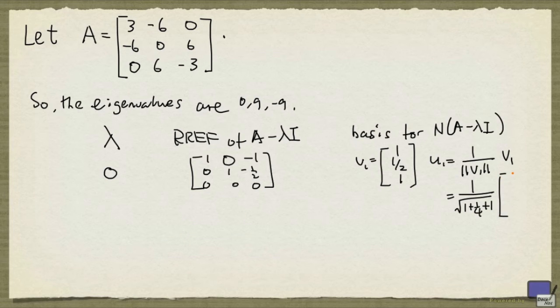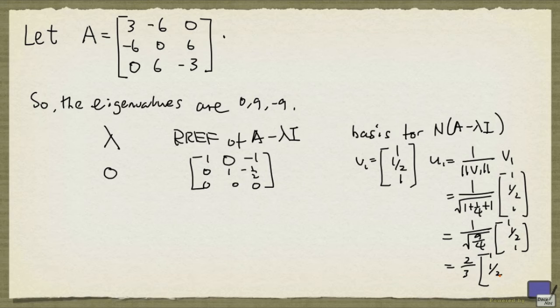And V1 is 1, 1/2, 1. And so this is 1 over the square root of 9 over 4 times 1, 1/2, 1. And that's 2 over 3 times 1, 1/2, 1. And so we are taking U1 to be 2 over 3, 1 over 3, and 2 over 3.